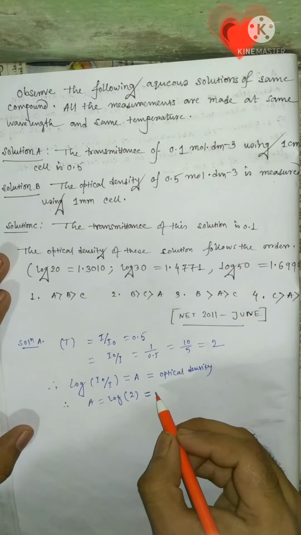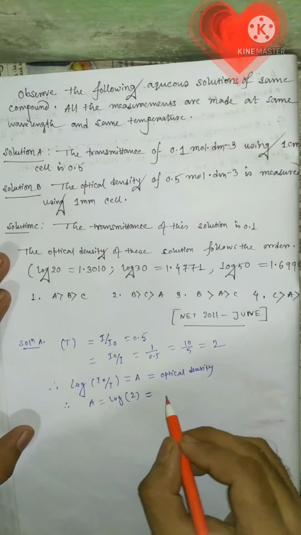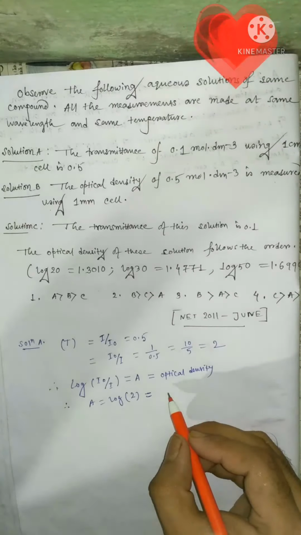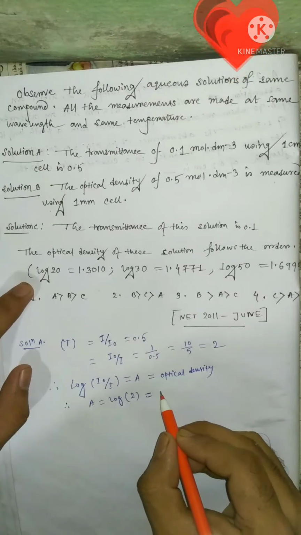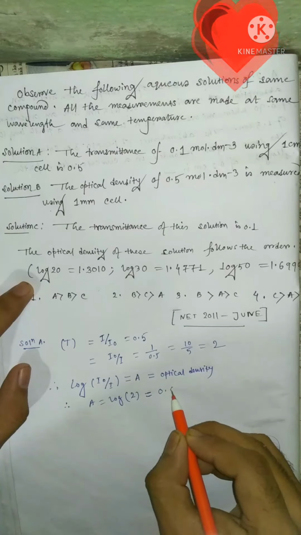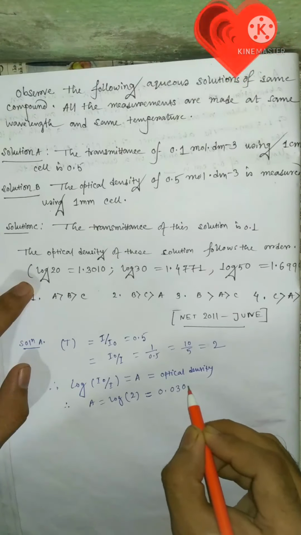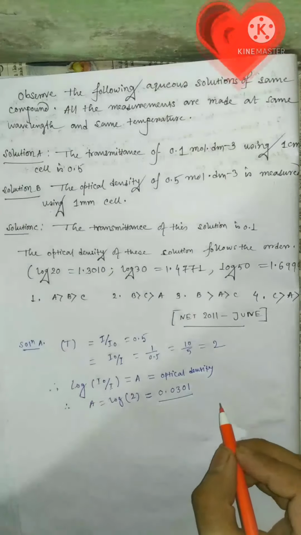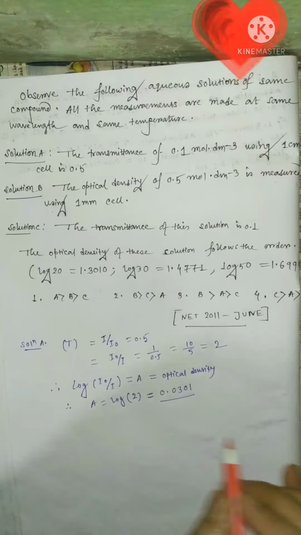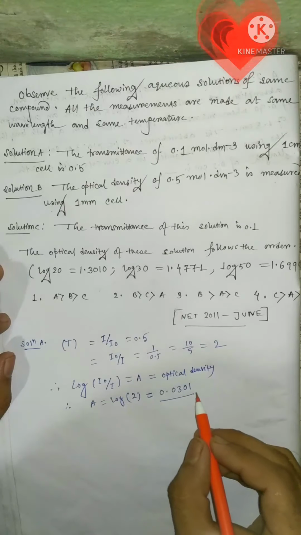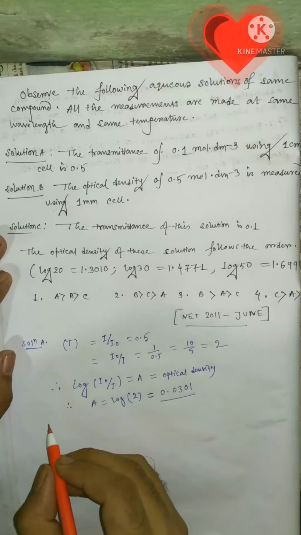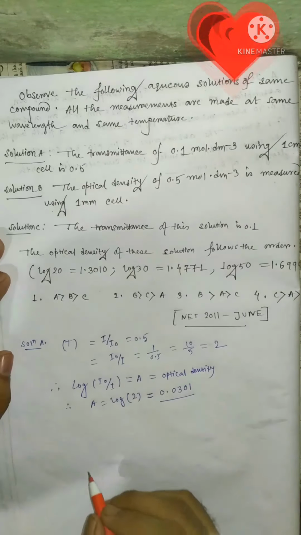If we calculate it, log 2 is 0.0301. Calculation shows the optical density is 0.0301.